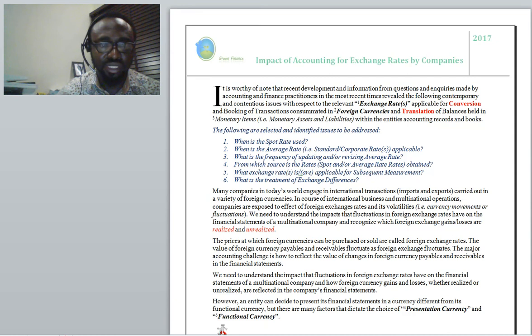As you all know, as a recent development, Nigeria's economy is in recession. Nigeria's economy contracted by approximately 1.51% in terms of negative GDP growth rate in 2016, as released by the National Bureau of Statistics.